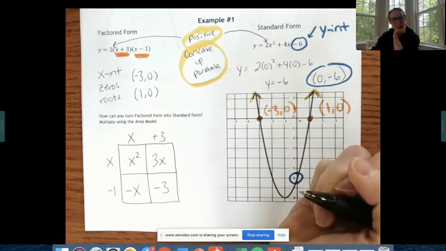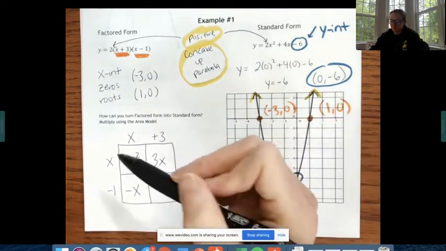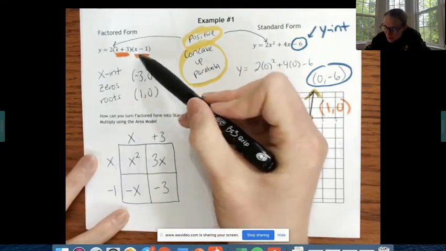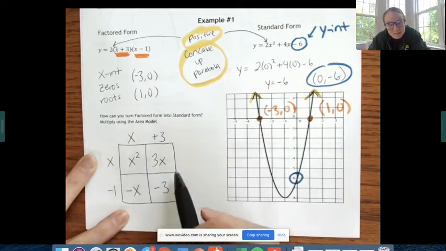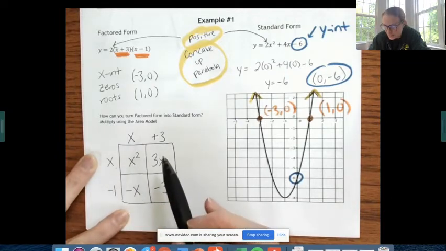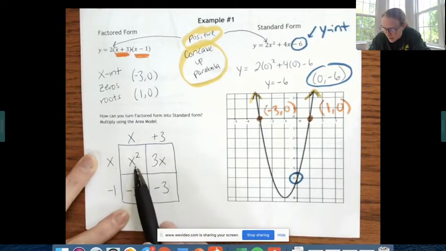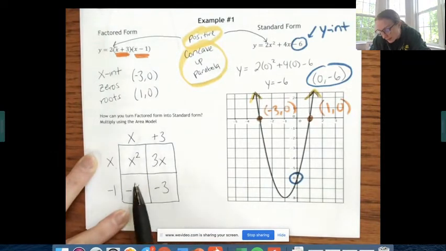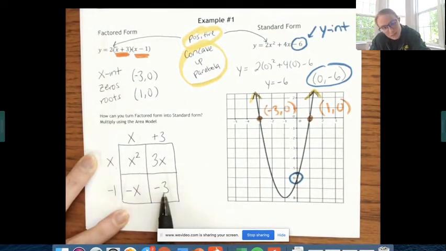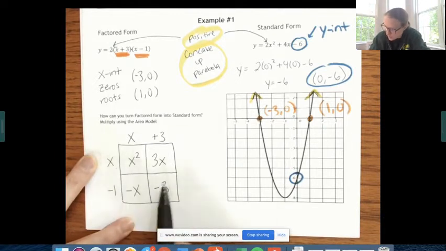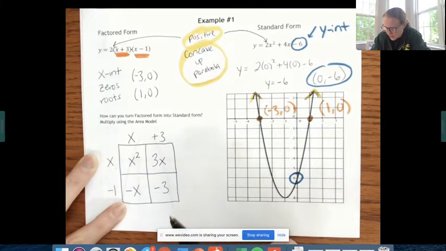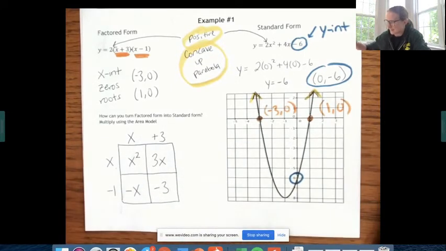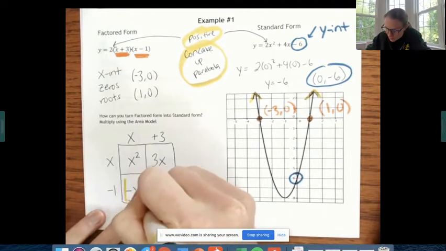So when we look in here, when we multiply these 2 factors together, we get what's inside of this box. We have x squared plus 3x minus x minus 3. I'm going to write that out, but before I do that, I noticed something. I see that we have two terms that are like terms.